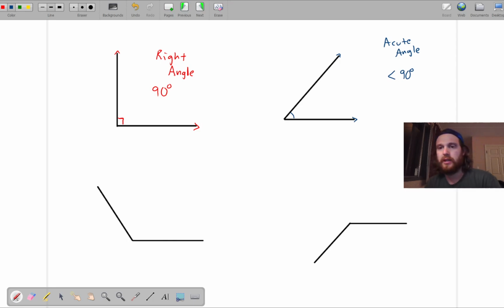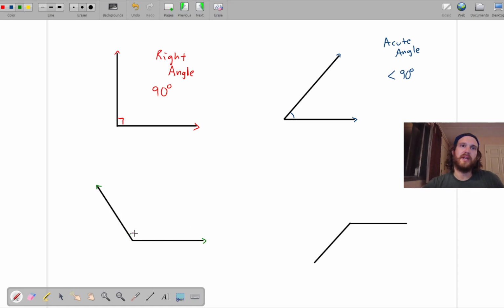Sweet. All right, so we have the acute angle. Good, and we're going to draw an angle that is 28 degrees in just a minute. That'll be our acute angle that we draw. Remember that number, 28 degrees. Okay, moving on. Let's go down to this next one. What do we call an angle that's bigger than 90 degrees?